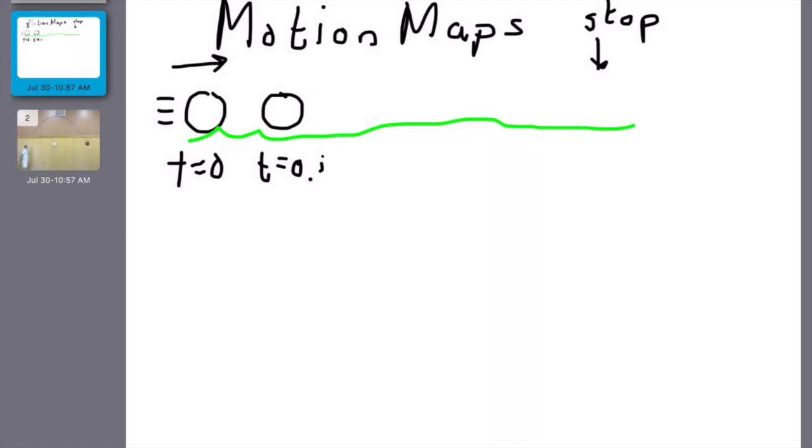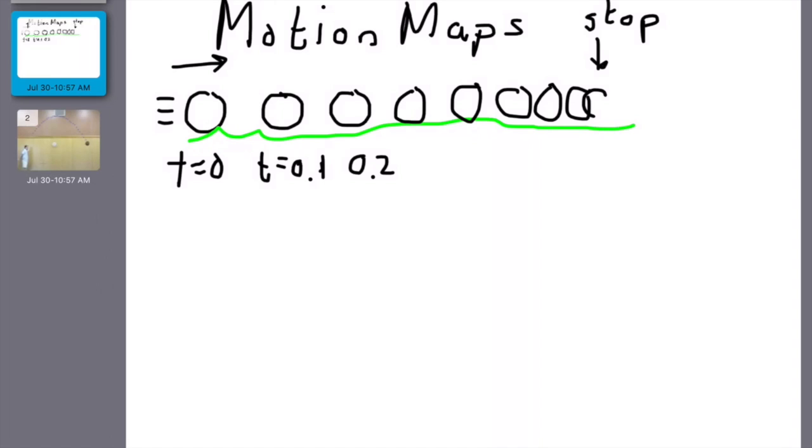So in the next tenth of a second, I'll put it here. Maybe after another tenth of a second, it's there. Okay, it's not going to travel as far. And so what we get is these getting progressively closer together, and then finally it stops. And that's really a motion map. So 0.3, 0.4, 0.5, 0.6, 0.7, 0.8, and maybe after 0.9 seconds it stops. And that's a motion map.